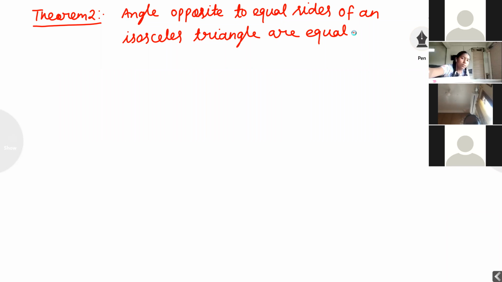What is theorem 2? Angles opposite to equal sides of an isosceles triangle are equal. We want to prove this theorem.